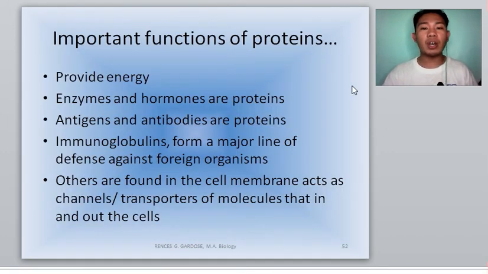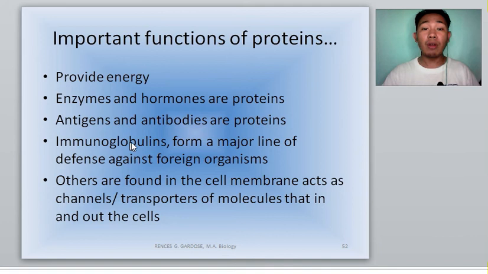Important functions of proteins: it provides also energy in the long term. Enzymes and hormones are proteins. Antigens and antibodies are proteins. These are very important in our immune system, especially today as we are experiencing the COVID pandemic.